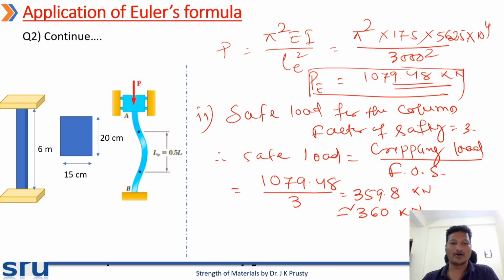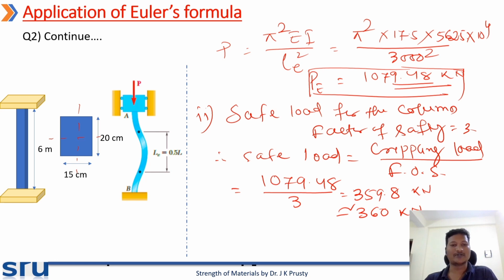So I hope you understood this problem. Here it is slightly changed. The section is a rectangular section, so you need to carefully find out the least moment of inertia based on the axis x and y. Then you can decide which axis is giving the least moment of inertia value.